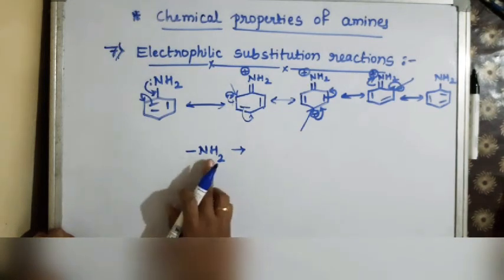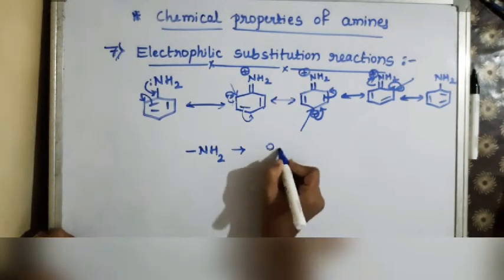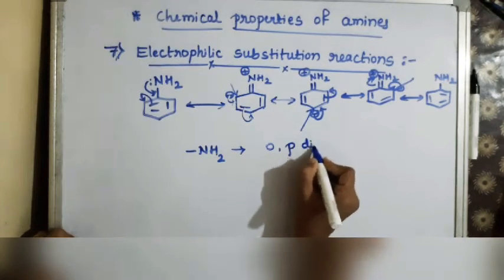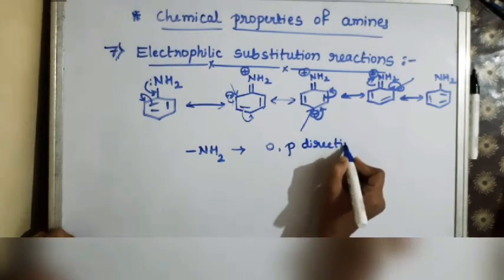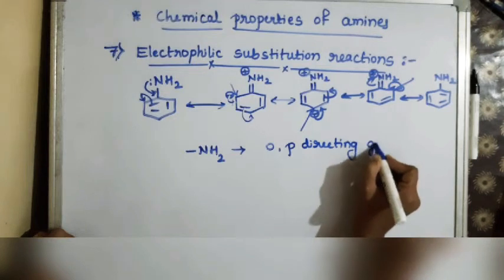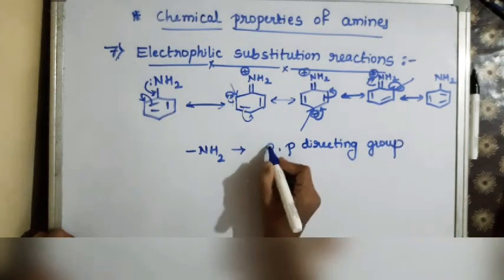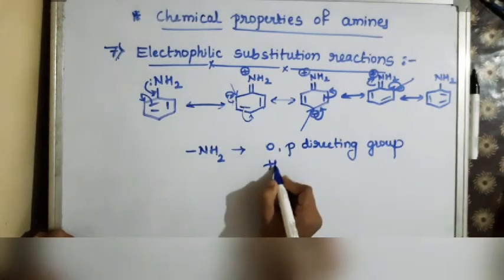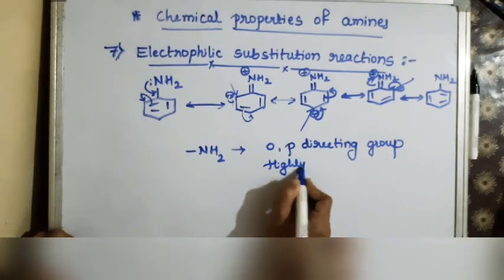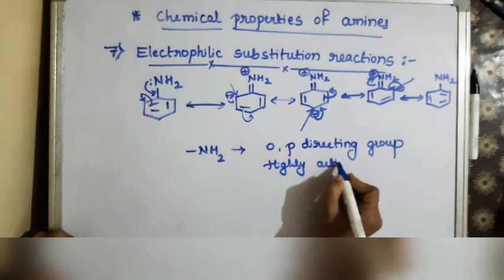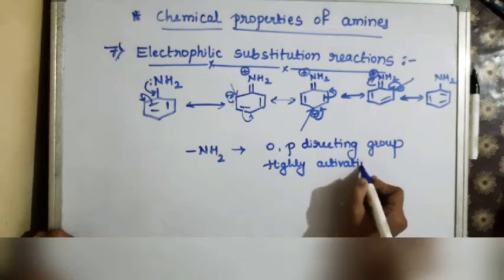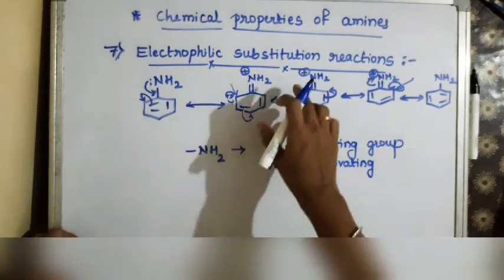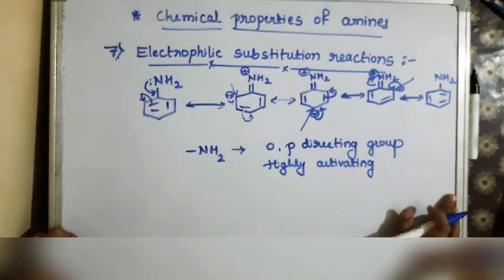So you can tell that the NH2 group is an ortho-para directing group. It directs the incoming electrophile to attack at ortho and para positions. And also it is a highly activating ortho-para directing group, highly activating the benzene ring towards electrophilic substitution reaction.